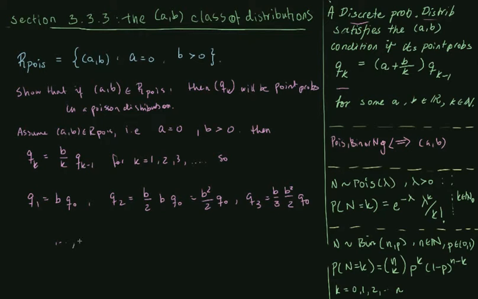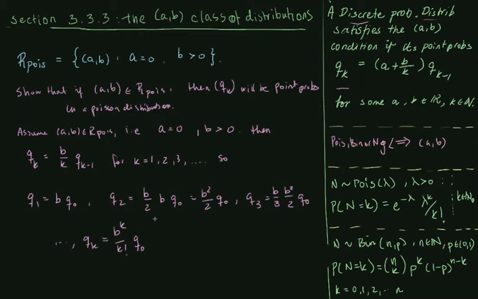And qk will be equal to b to the k divided by k factorial multiplied by q0. This is the pattern that I see when I plug everything in.